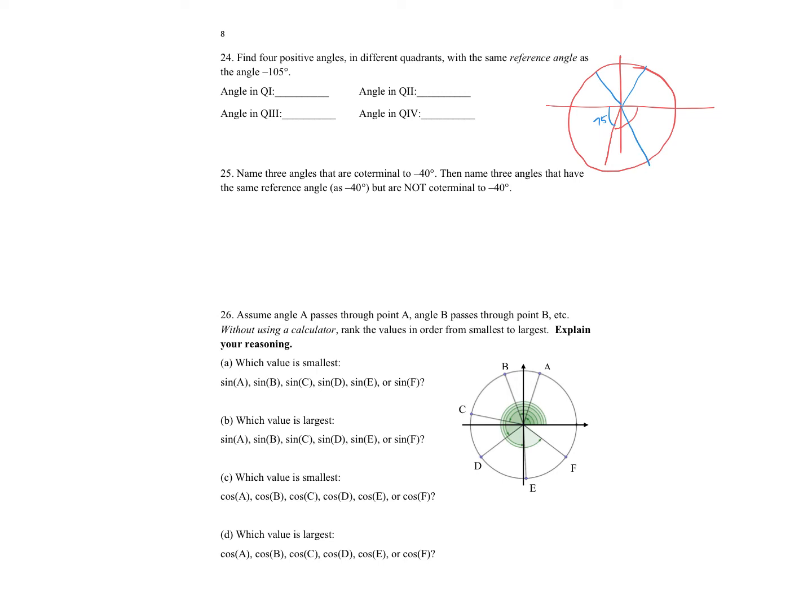So in quadrant 1, that's going to be 75 degrees. In quadrant 2, it's going to be 180 minus 75, which gives me 105.